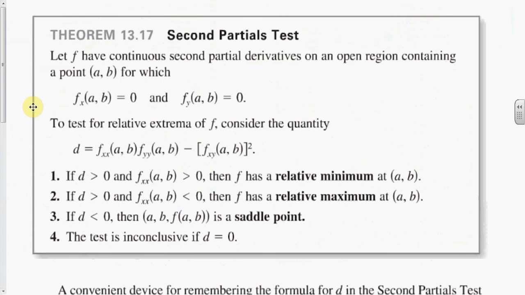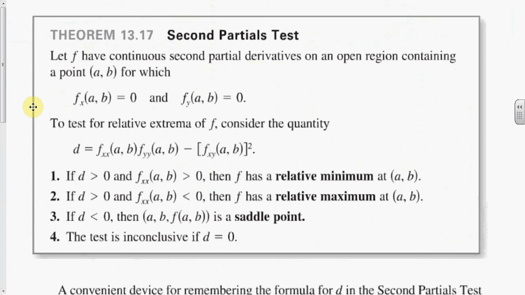If D is negative, I love this one. If D is negative, then this point is a saddle point, right? Now, where do we get the saddle point? Going back to section 11.7, what was that quadric surface that gave us, remember we drew it out, it looks like an elliptic paraboloid, exactly. That's when you run across guys like that.